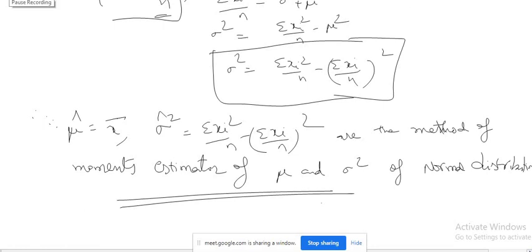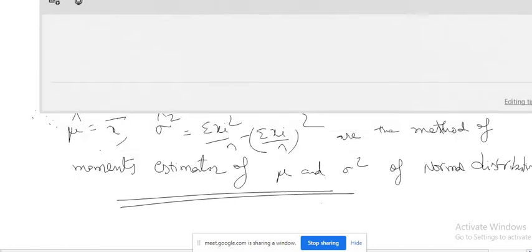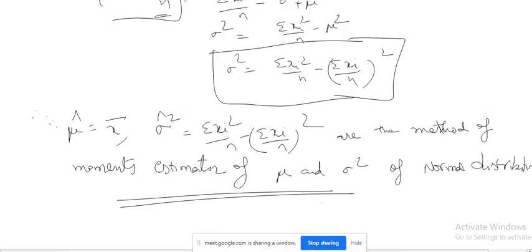So far in this estimation theory, we discussed methods of estimation and the characteristics of a good estimator, that is unbiasedness, sufficiency, consistency, those properties. And then we found estimators by two methods: one is maximum likelihood estimator, another one is method of moments.